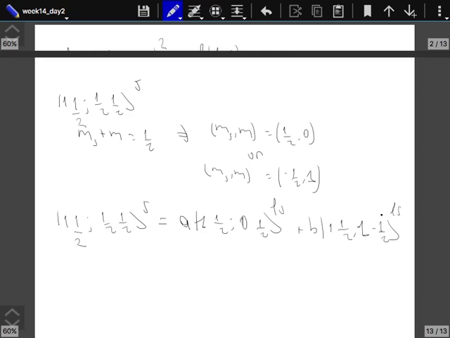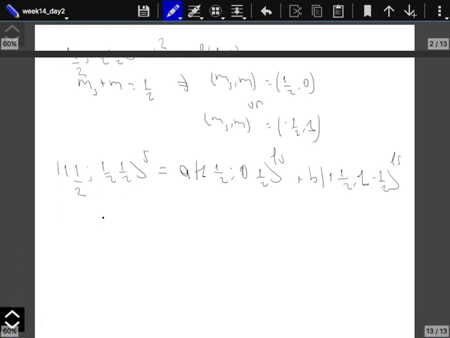Now the question is, how do I determine those A and B? Well, I also know this property: 1, 1/2, 1/2, 1/2, its inner product with 1, 1/2, 3/2, 1/2 should be 0.